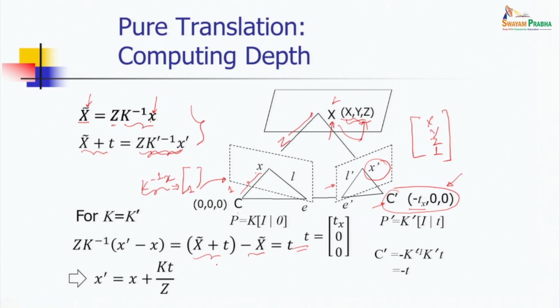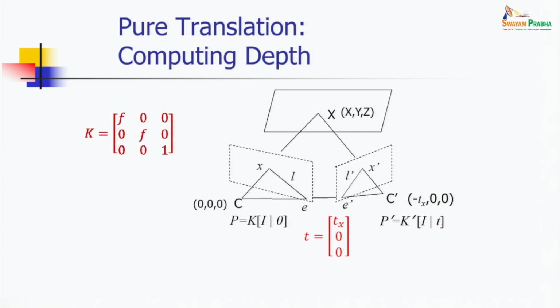So this is the relationship, and this is how the two corresponding points are related in this particular special case. Now K is the camera calibration matrix, and t is the respective translation parameter of the projection matrix.